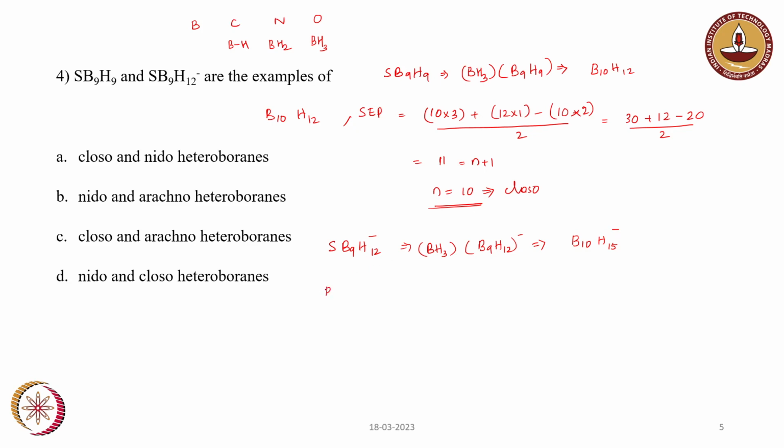So for B10H15 minus, the SCP will be 10 into 3 plus 15 hydrogen minus 10 BH groups. It is 30 plus 15.